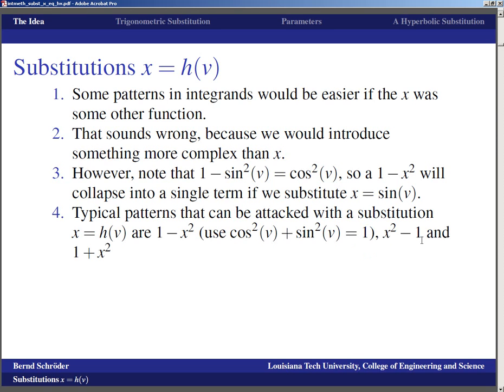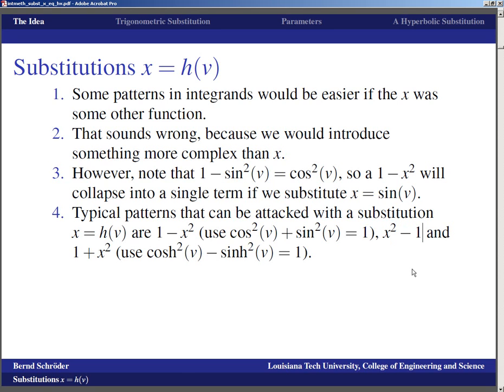And then also the patterns x squared minus 1 and 1 plus x squared, for which you can use the fact that the hyperbolic cosine squared of v minus the hyperbolic sine squared of v is equal to 1, because then, if you bring the hyperbolic sine squared over, you get hyperbolic cosine squared v is 1 plus hyperbolic sine squared v, which would apply to this pattern. And if you bring the hyperbolic sine to the right and bring the 1 over to the left, you end up with hyperbolic sine squared of v being hyperbolic cosine squared of v minus 1, which would allow you to attack this pattern.